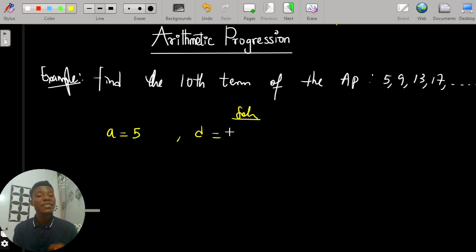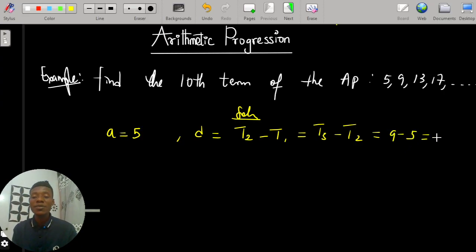And do not forget the formula for calculating the common difference, which is T2 minus T1, which is also the same thing as T3 minus T2, and so on. So if you use this formula, our T2 is 9, our T1 is 5. And if you don't want to use this, you can as well use 13, which is T3 minus T2. And you will definitely get the same answer, which is 4. Meaning that our common difference is 4.